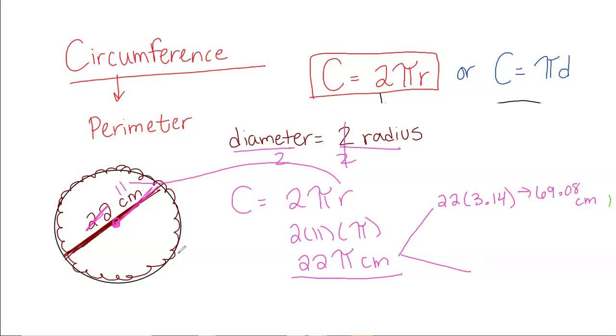It is important to put the units. I know it's annoying, but do it anyway for me. And high school, or depending on middle school, how picky your teacher is, you're going to do 22 times that pi button and round off to the hundredth. And that's 69.12 centimeters. So again, 3 possible answers. It just kind of depends.